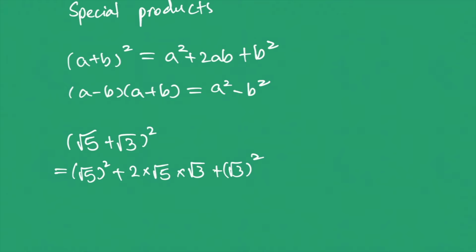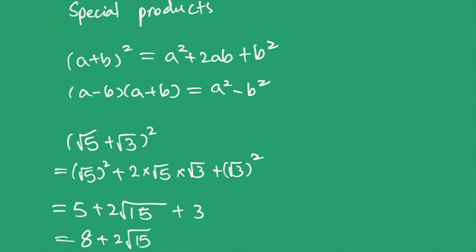Then you can simplify this expression. If you've seen one of my previous videos, you will know that square root 5 squared equals 5, plus 2 square root 5 times 3 equals square root 15, plus 3, equals 5 plus 3 equals 8, plus 2 square root 15.